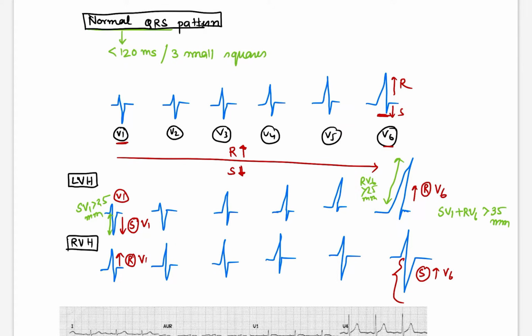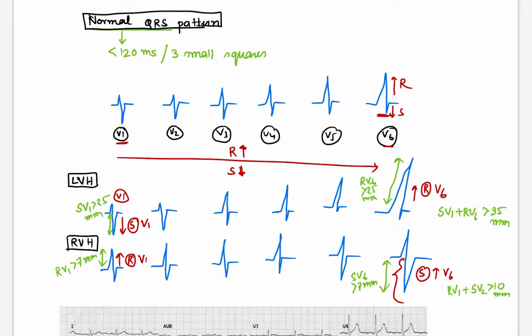But in case of right ventricular hypertrophy, what is the formula to memorize to determine it? Either the R wave in V1, RV1, will be more than 7 millimeter, or the S wave in V6 is equal to or more than 7 millimeter, or the summation of these two, RV1 plus SV6, is more than or equal to 10 millimeter.